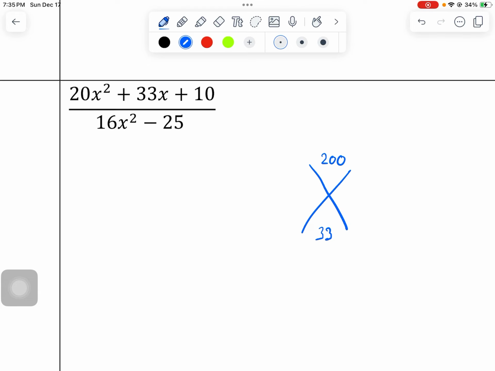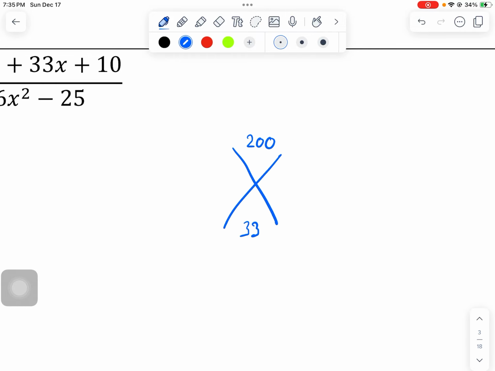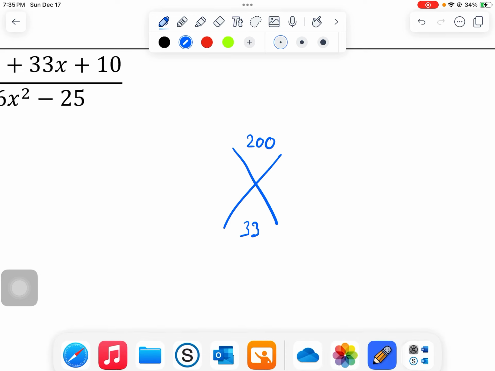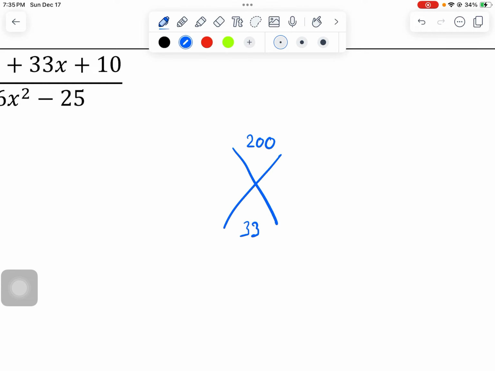I'm guessing it's going to be, let's see here, 40 and, nope, that's too big. 10 and 20, we would need to be in between that.